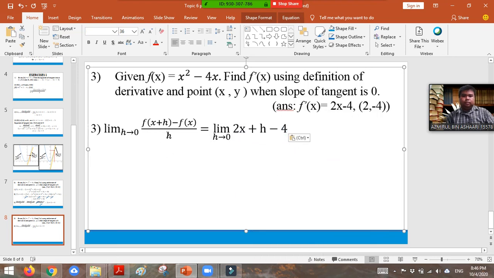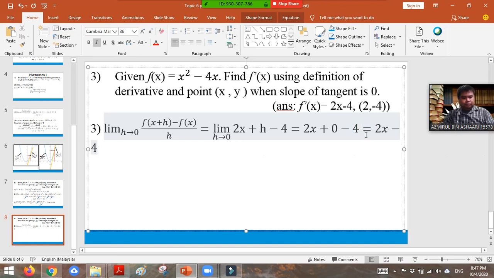Okay, it also becomes limit h approaching 0 of 2x plus h minus 4. So what you will get is 2x plus, for this one h approaching 0, so this value of h becomes 0, right? Minus 4. So it will become 2x minus 4.